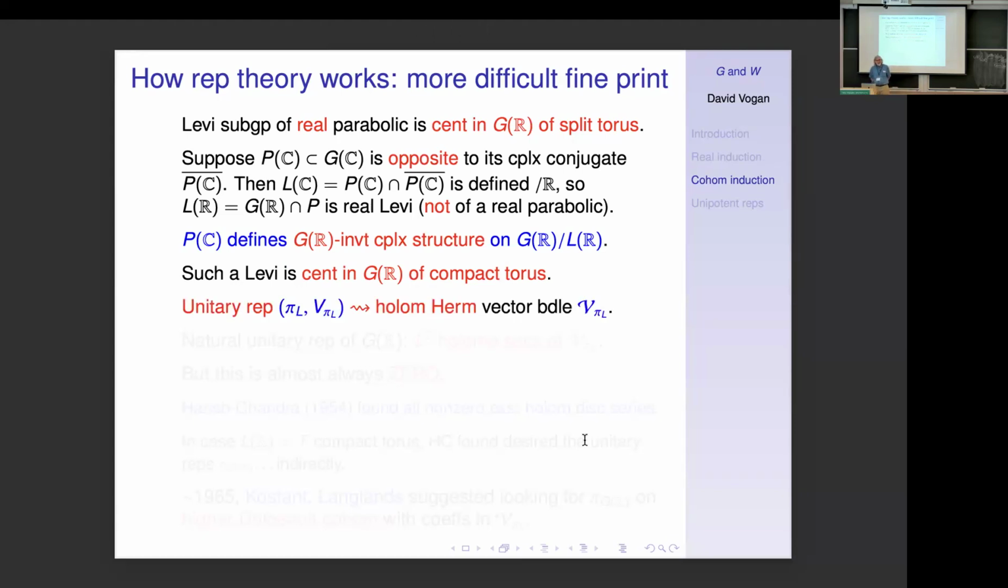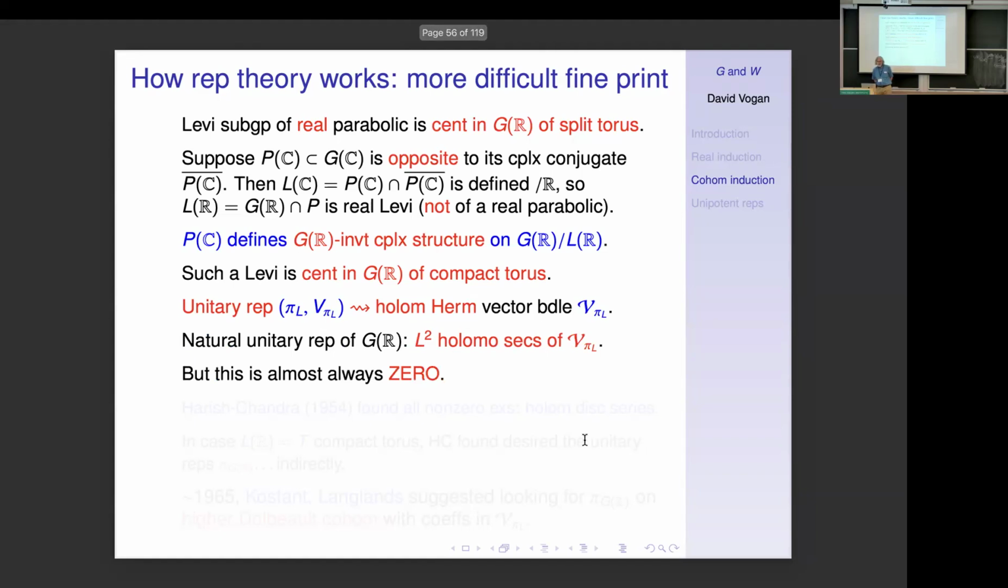This time, if you take a unitary representation of such a Levi, you get a holomorphic Hermitian vector bundle on this quotient space, G of R mod L of R. So the natural place to look for a unitary representation would be on L2 holomorphic sections of this vector bundle.